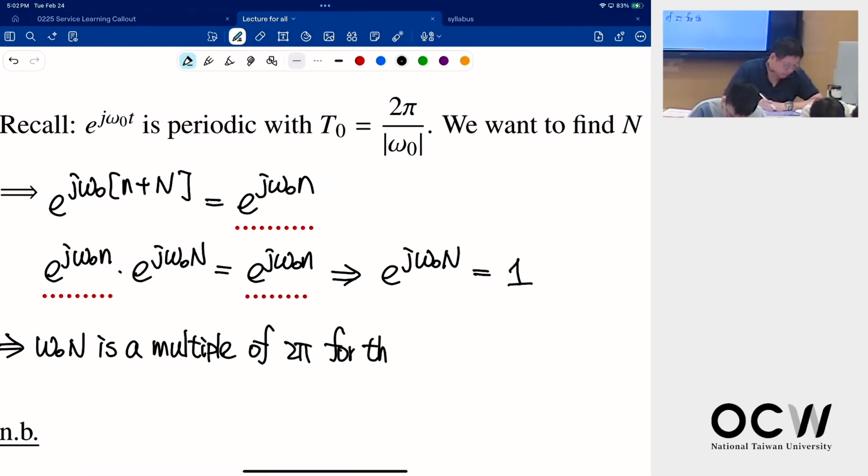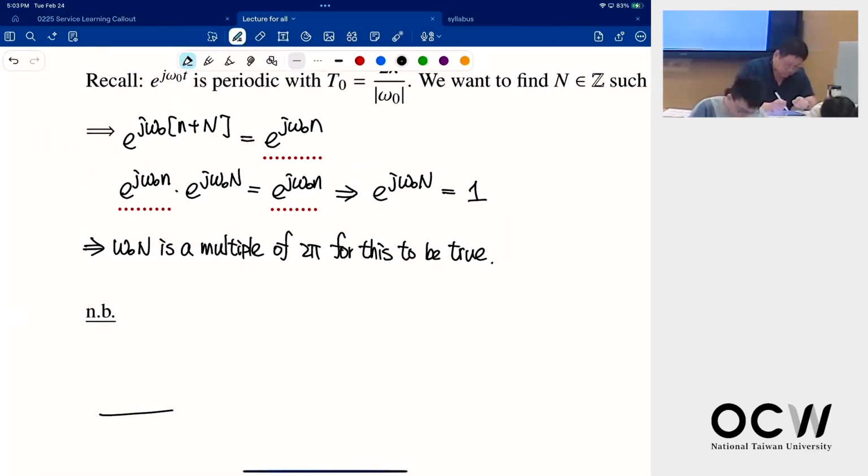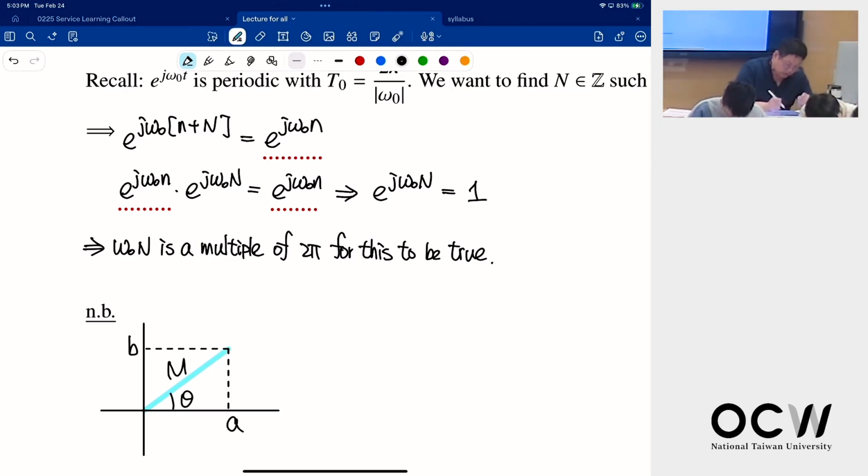For this to be true, well, if you have a complex number, say this one, we have b and a, this is theta, and the magnitude is m.